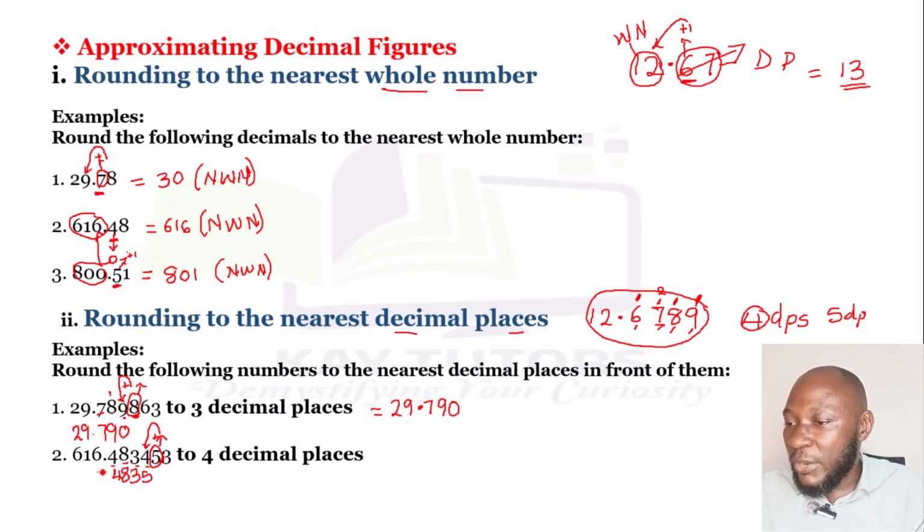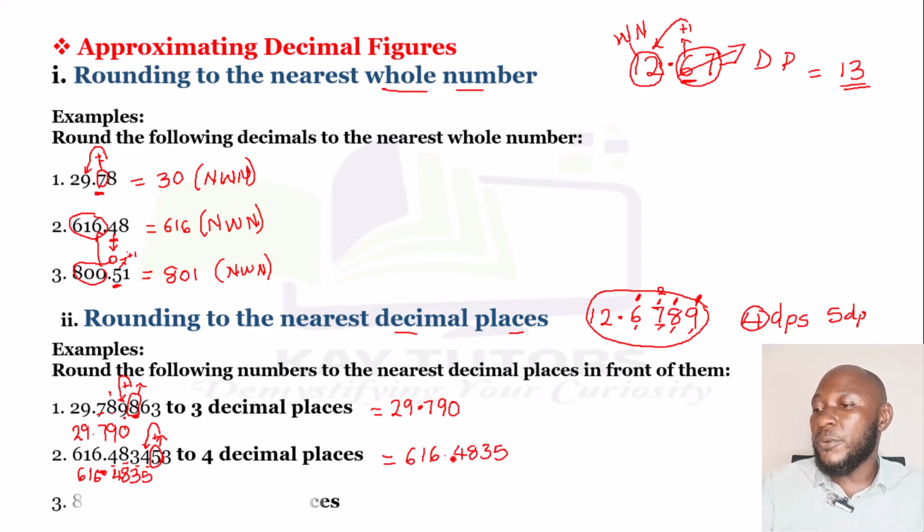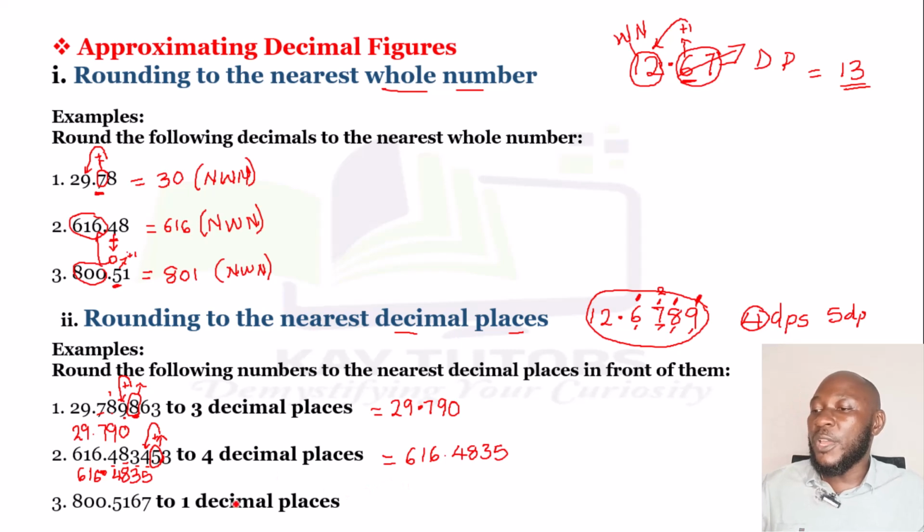Don't forget to bring down your decimal point, 6, 1, and 6. So what's my answer here? My answer is 616.483 and then 5.